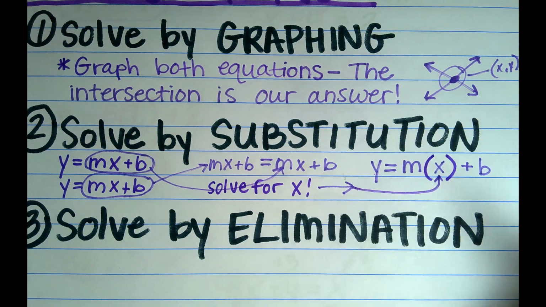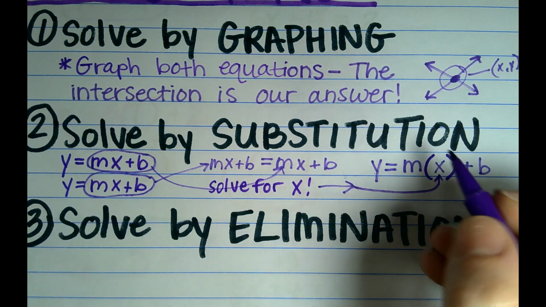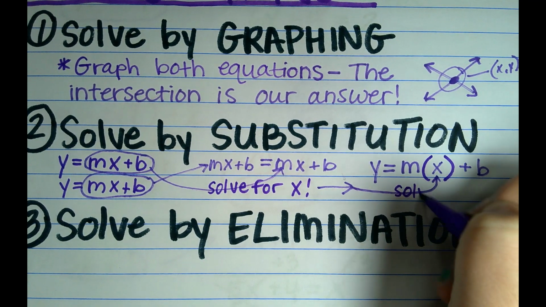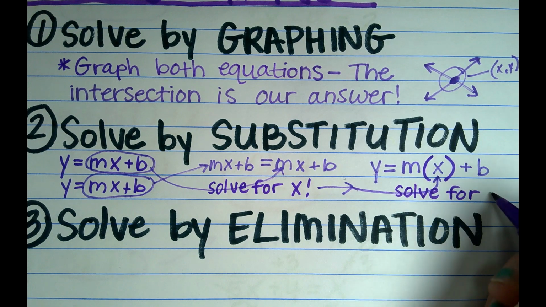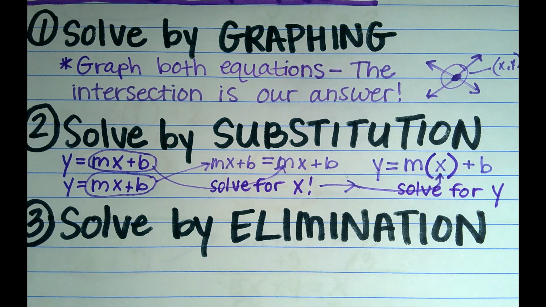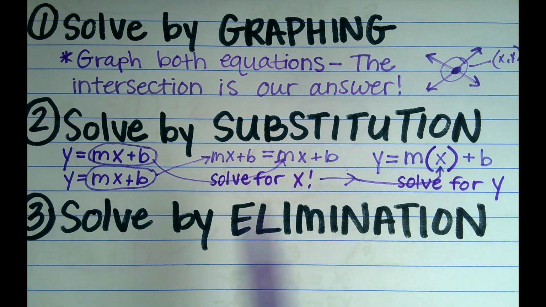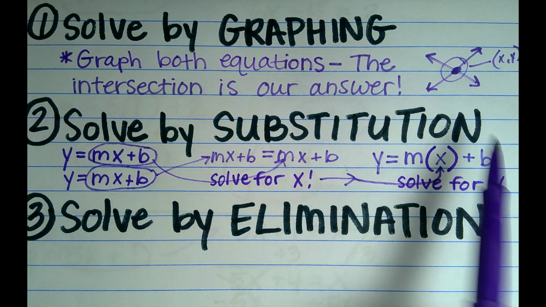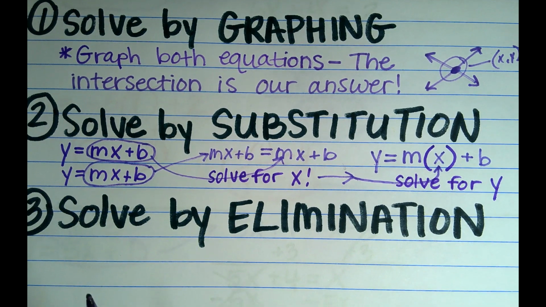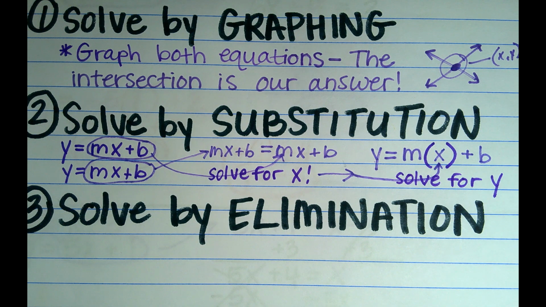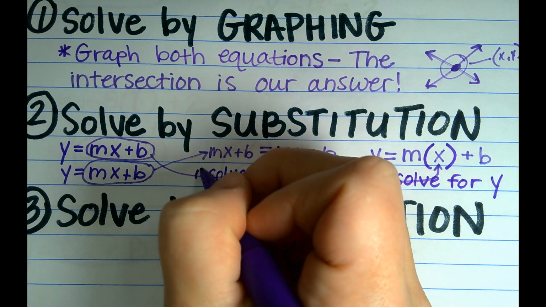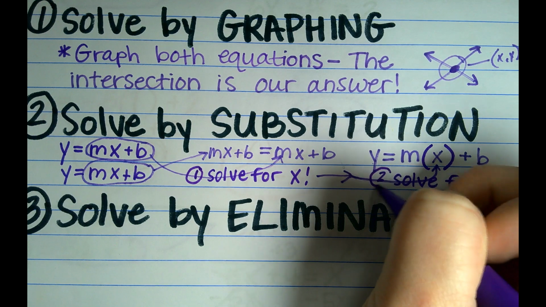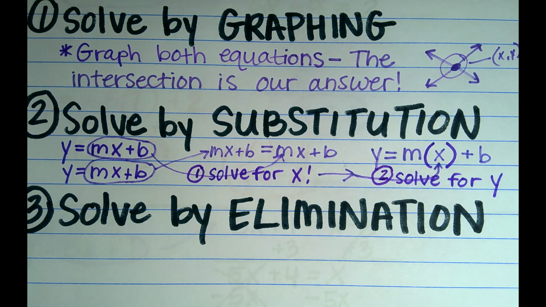So that x goes in here, and we solve for y. So this is sort of a little overview of the process we do in substitution. First we solve for x, then we solve for y. Unless, of course, one of the variables is already solved for, which we saw in examples like number 20. We already had y solved.